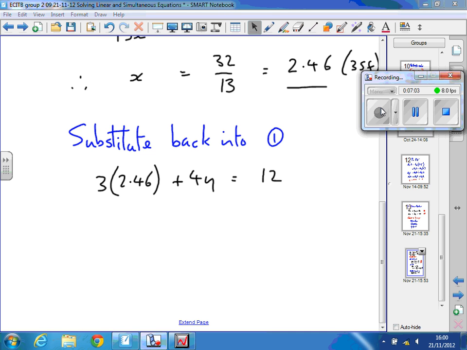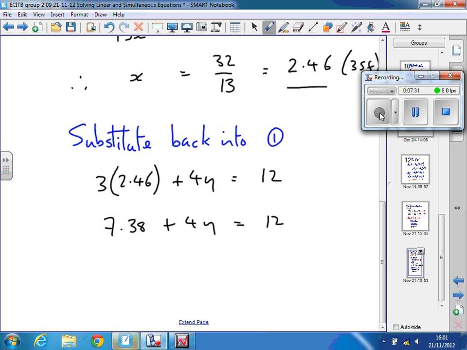It's good practice, I think, to put the number that you're substituting into a bracket rather than put times. And maybe as the algebra you're doing gets more complex, you'll see why that's useful. But at the moment, you could just as easily put 3 times that. So now we've got 7.38 plus 4y equals 12. What do we do now?